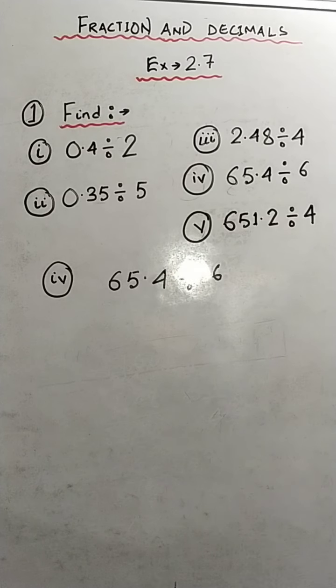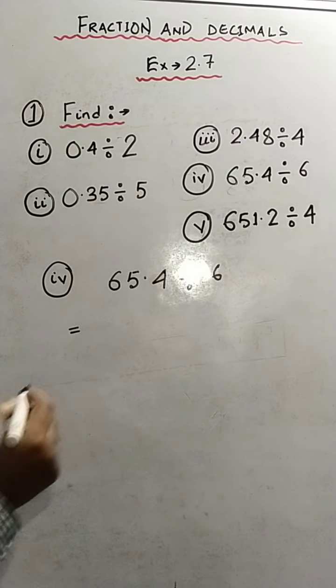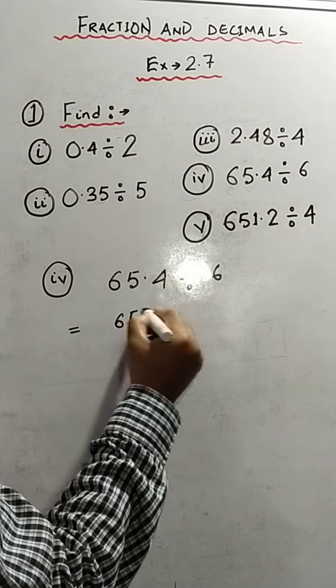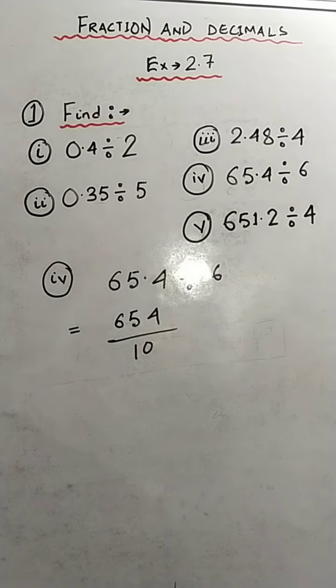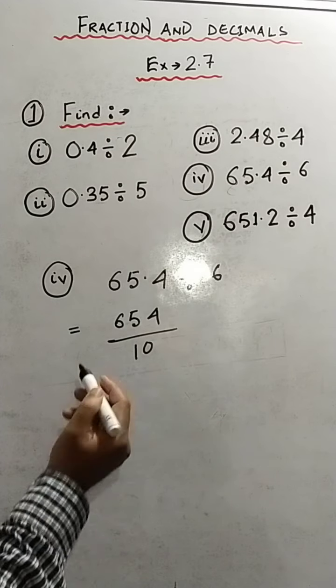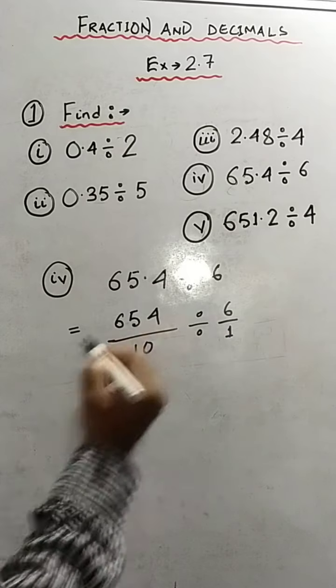Sum number 4, we have 65.4 divided by 6. So what do we have to do? Yes, we have to convert the decimal form to fractional form. That would be 654 by 10 divided by 6 upon 1.